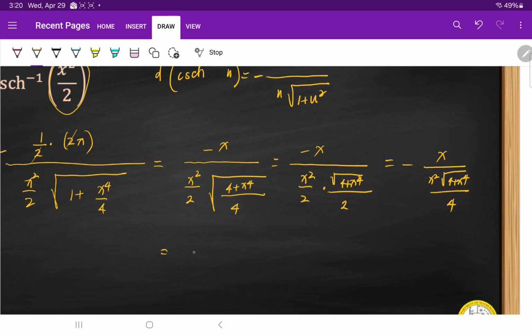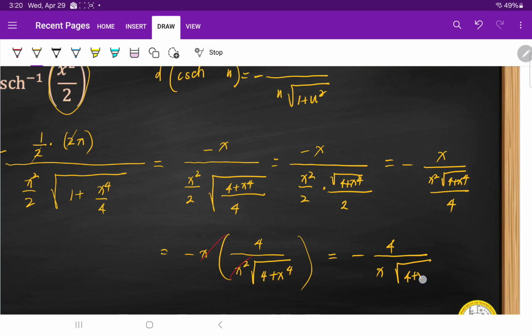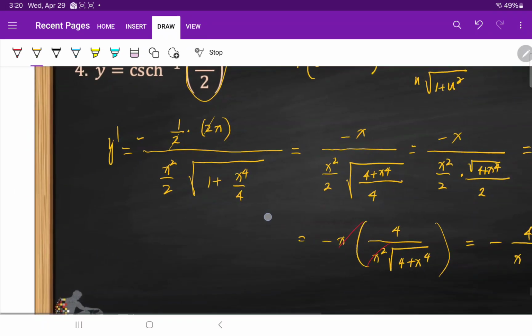And then if we simplify further, we multiply negative x by the reciprocal of the denominator. So we have 4 over x squared square root of 4 plus x to the 4th. So one of the x cancels out. So now we get y prime is negative 4 over x square root of 4 plus x to the 4th. This is our final answer. That's your y prime.